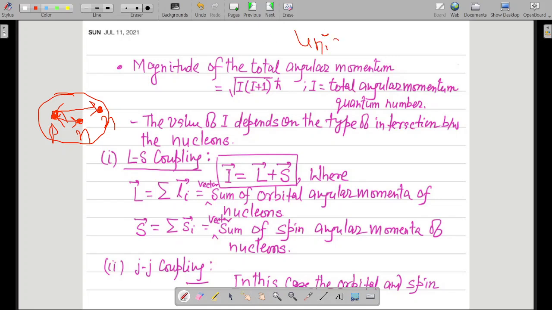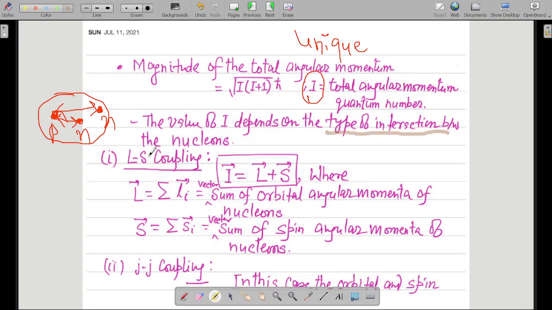What do I mean by each unique nuclei? It just means that we have the hydrogen nucleus, the helium nucleus, the deuterium nucleus, the tritium nucleus. All these nuclei have a different value of I, because the value of I depends on the type of interaction between the nucleons.